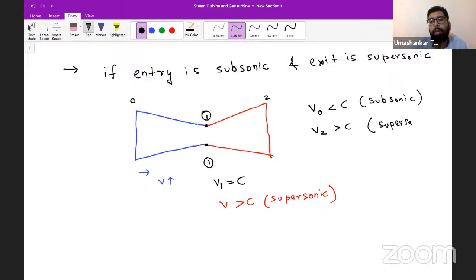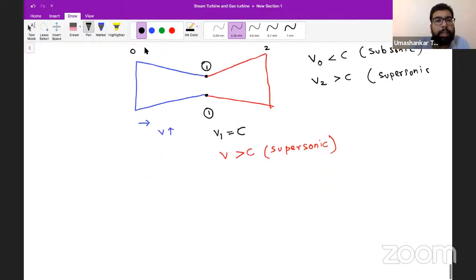To change the flow from subsonic to supersonic, the nozzle must converge first, then diverge, and in the middle there must be a throat.